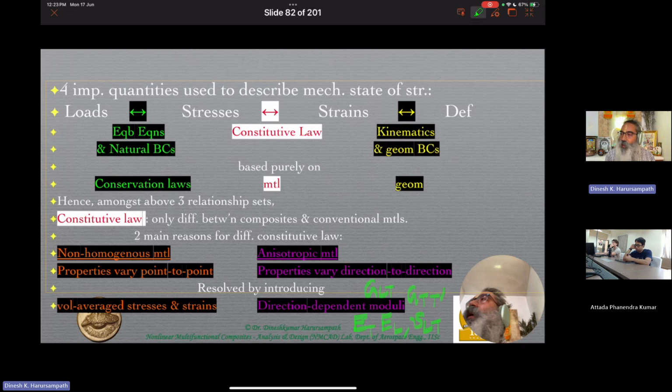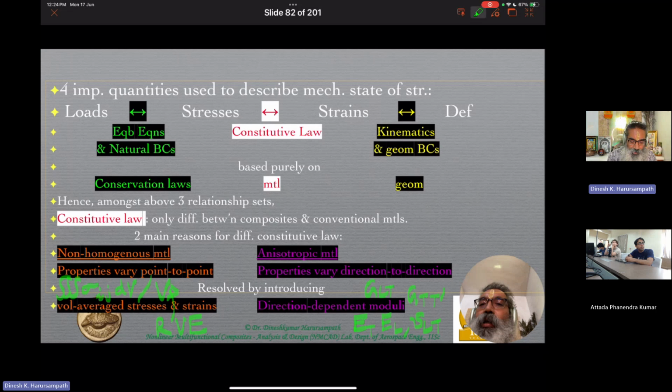On the other hand, here we said that we introduce volume averaged stresses and strains. In other words, you integrate sigma ij dV, so it's a volume integral, and divide it by the total volume. That volume is what we call an RVE, the representative volume element, which includes a sufficient number of fibers and a sufficient amount of matrix in the same proportion that is there on an average within the entire material.